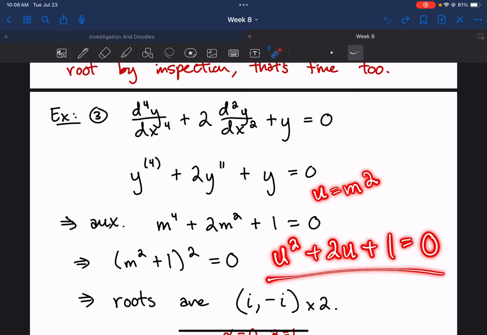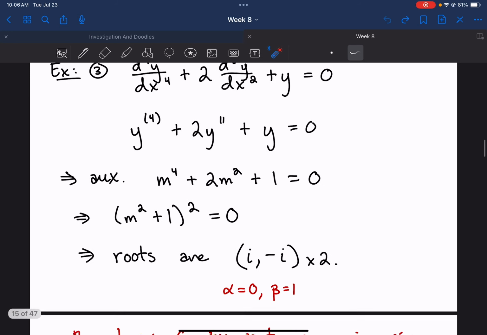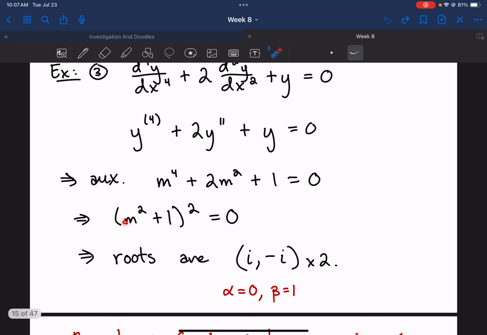Right? You can think about m squared as an object, and then you can factor this into u plus 1 times u plus 1, right? And then you go back to m squared. So we've got m squared plus 1 all squared, right? These factor into plus minus i.